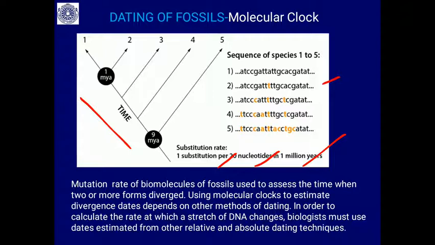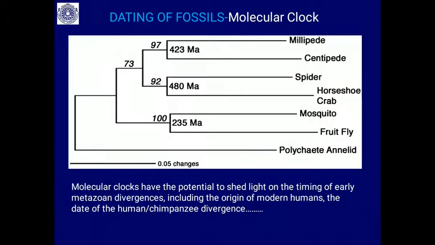First we have to find out the initial dates of these fossils. In order to calculate the rate at which a stretch of DNA changes, biologists must use estimated dates. So by this we can combine both relative and absolute dating.